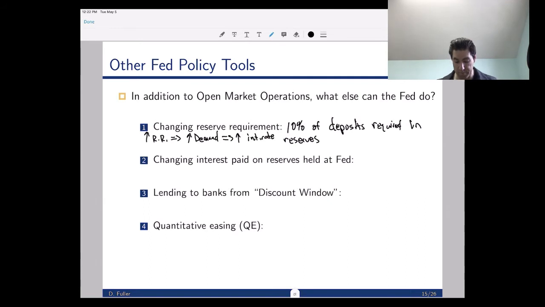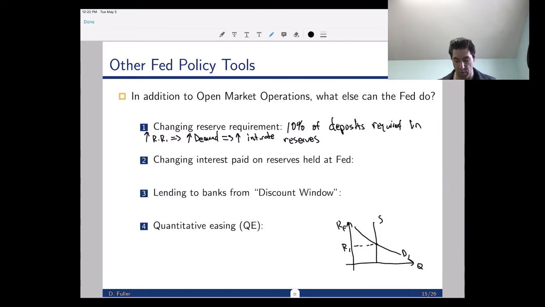So if I draw a little graph down here of the federal funds market, let's call this R1. Open market operations are designed to affect the supply. And the first two of these are going to affect demand.